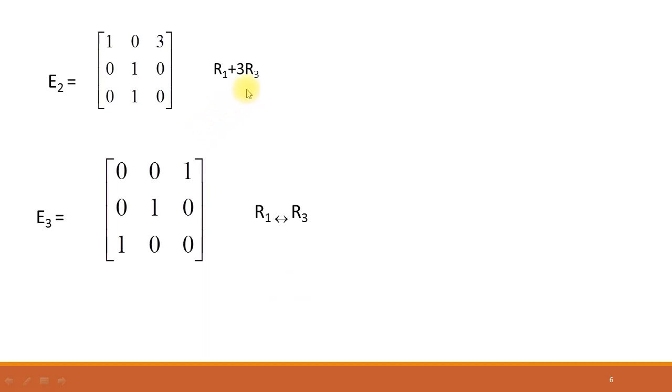Now adding 3 times R3 to R1, we obtain another elementary matrix E2 from the identity matrix, which is 1 0 3, 0 1 0, and 0 0 1. Now the third elementary matrix will be obtained from the identity matrix by interchanging R1 and R3, which contains the entries 0 0 1, 0 1 0, and 1 0 0.